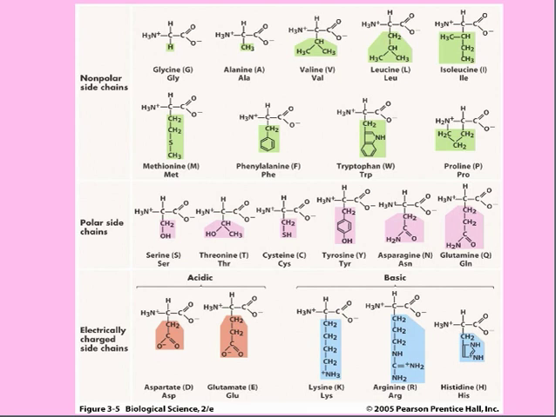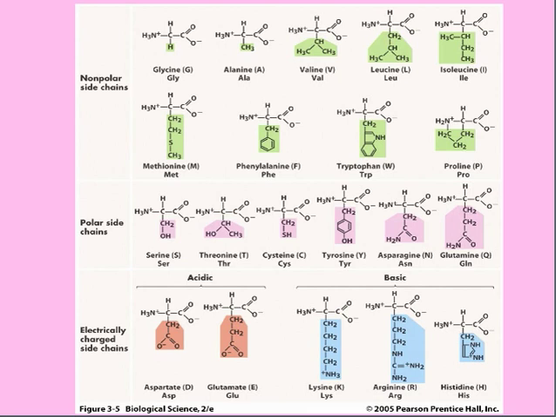Or we may have acidic or basic side groups. So these are aspartic acid and glutamic acid in the lower left, and then we also have lysine, arginine, and histidine on the lower right. So these are all the 20 amino acids. But the interesting thing and the reason why they're organized this way in this chart is to show you that these side groups have different chemical characteristics.